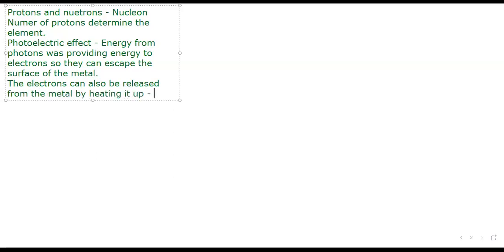This process is known as thermionic emission. So when I heat up a metal, the electrons are released from the surface of the metal. That is known as thermionic emission, right?